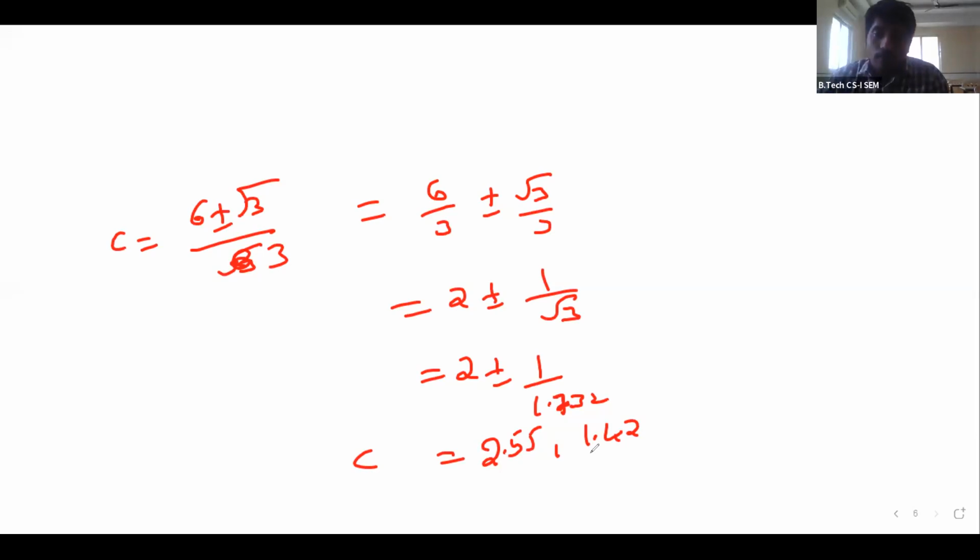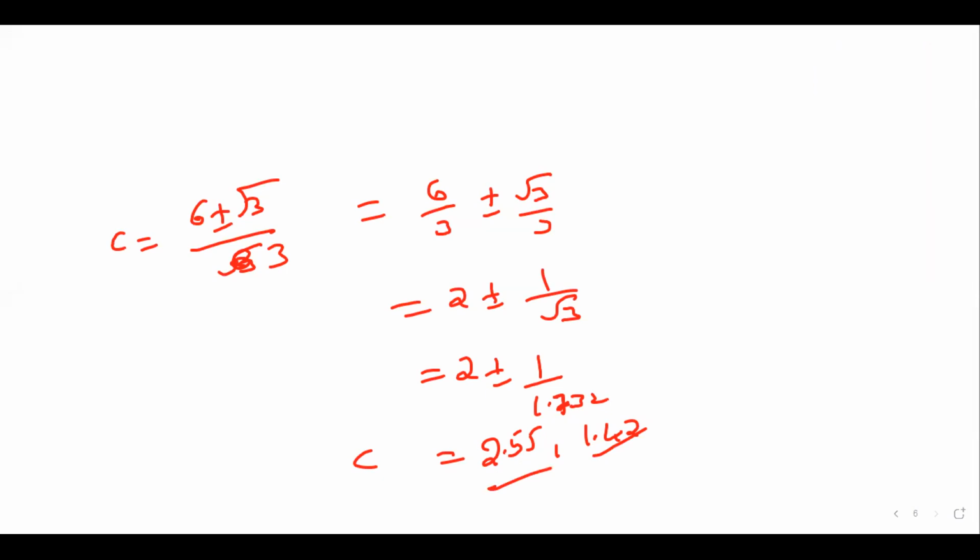Now, how do you conclude with these c values? What do you conclude? There are 2 points of inflection, sir.